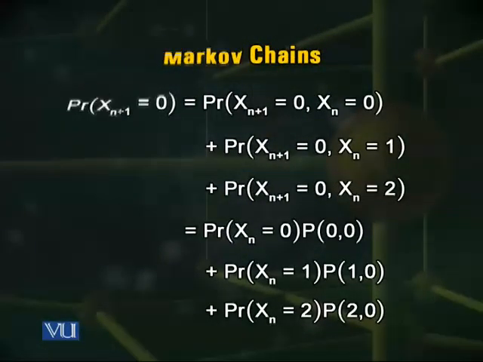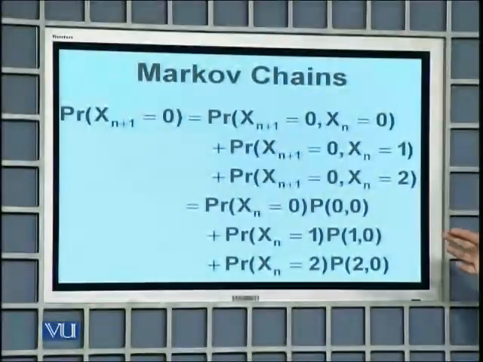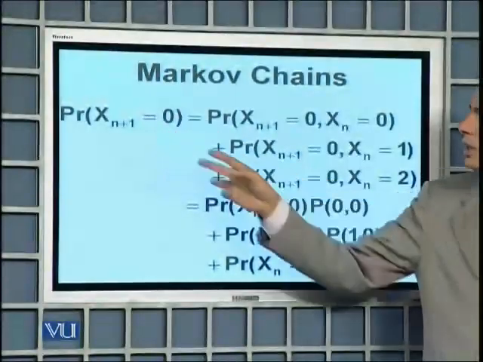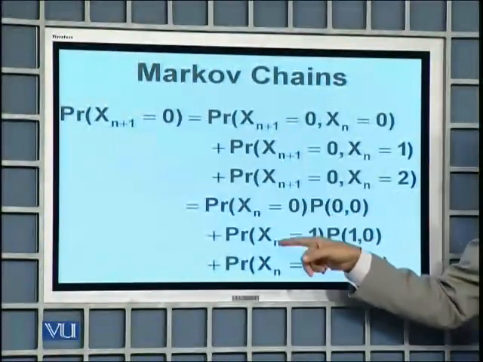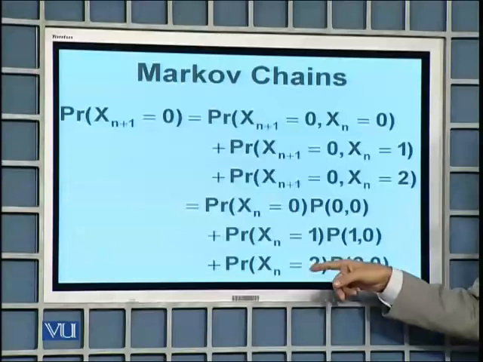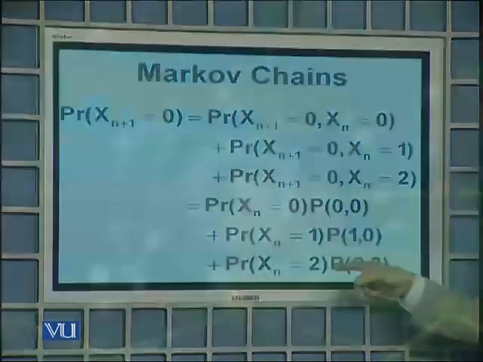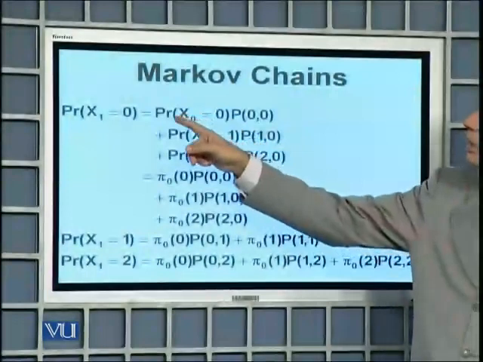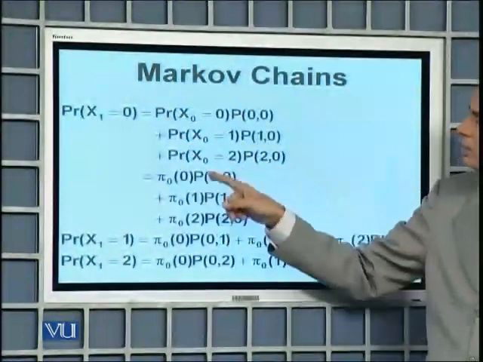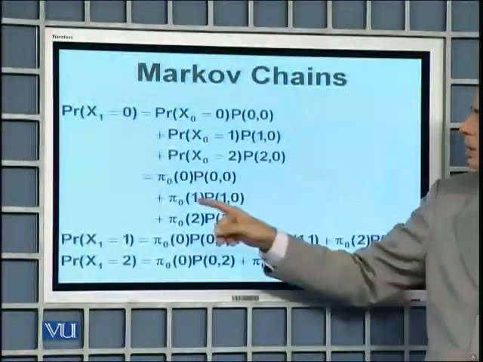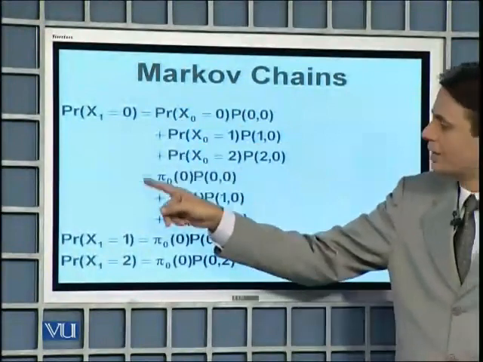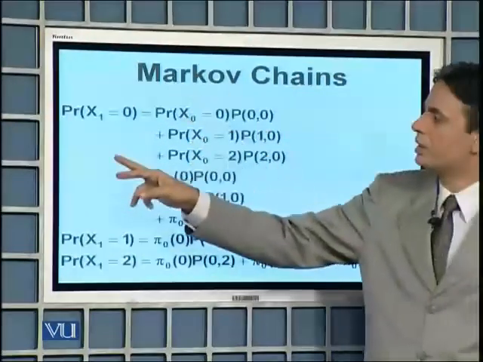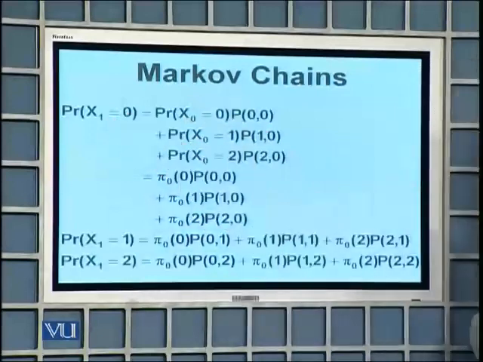Let's apply this formula to find the probability of x1 being in a certain state given the probabilities of capital X0, the initial probability distribution of capital X0 being in state 0, 1 or 2. Here you see that the probability of x1 being equal to 0 is equal to the summation of all these 3 parts of the equation, and if you replace these with the initial probability distributions pi 0 of 0, pi 0 of 1 and pi 0 of 2, you get this formula for the probability of x1 being in state 0.